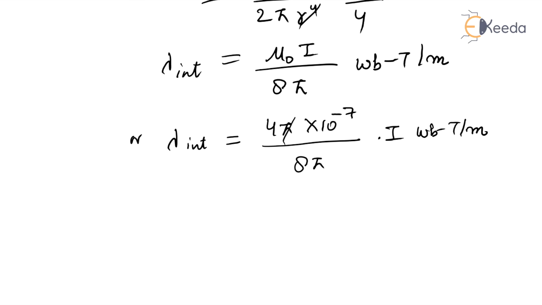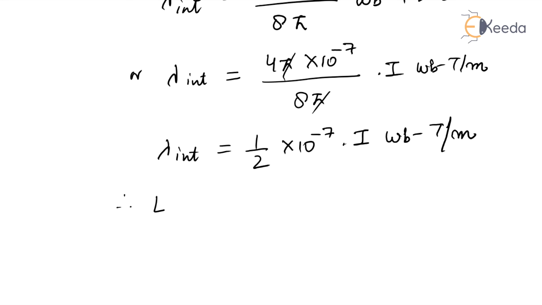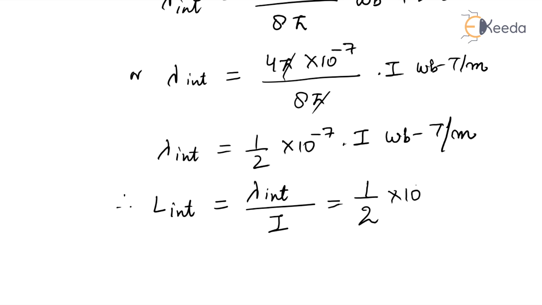Or we can write this as 1 by 2 into 10 to the power minus 7 into I Weber turn per meter. Therefore, internal inductance is equal to lambda internal upon I. So this is equal to 1 by 2 into 10 to the power minus 7 Henry per meter.